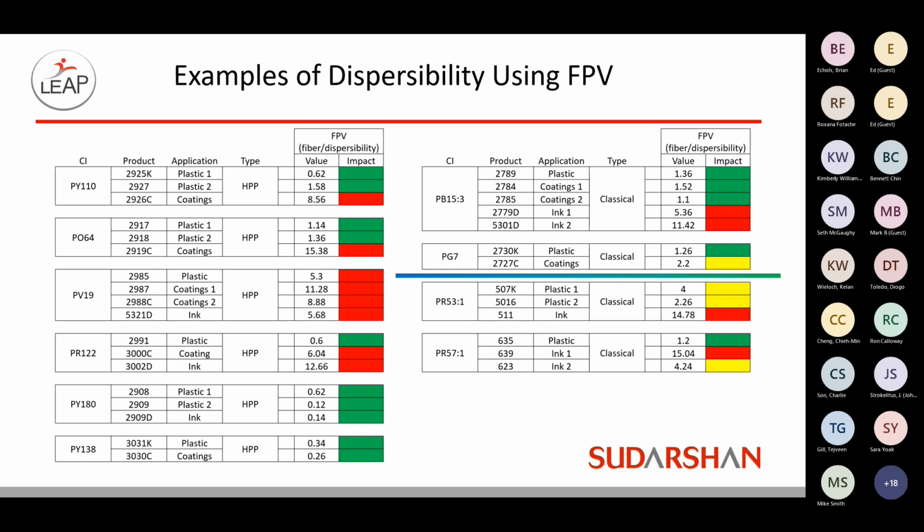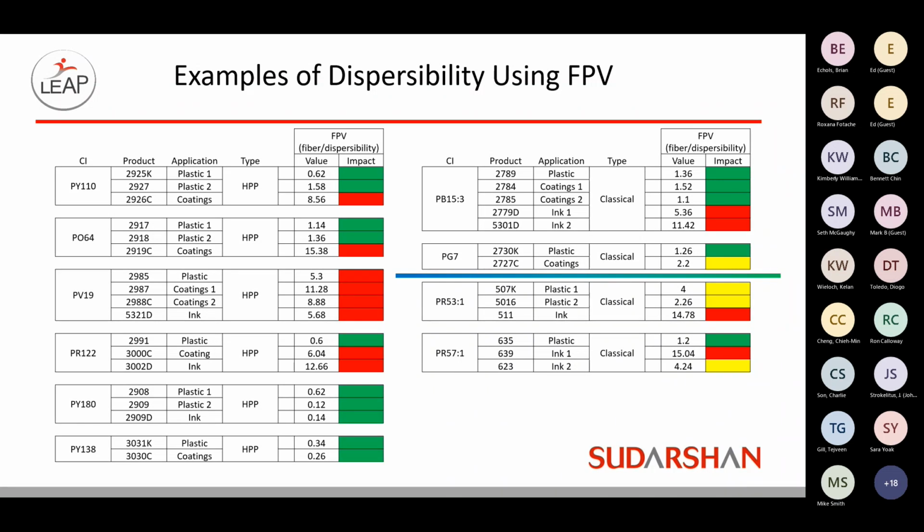On the classical side, we took a look at a couple of reds, the Red 53:1 and the Red 57:1. And then, as I mentioned, that in-between zone of blues and greens. In this particular case, we took a look at Pigment Blue 15:3 and Green 7.